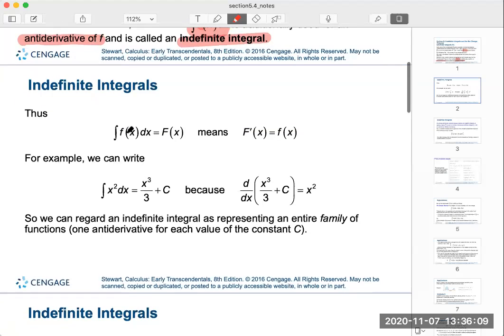So in general, the indefinite integral is to find the antiderivative of the function f, which the derivative of f will give us the integrand here. That is indefinite integral. For example, we need to compute this indefinite integral of x squared.